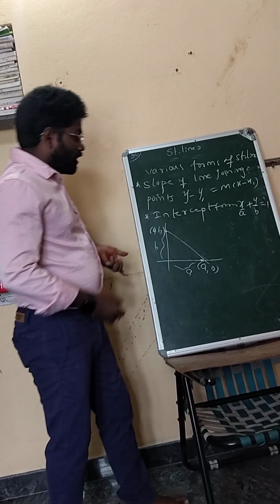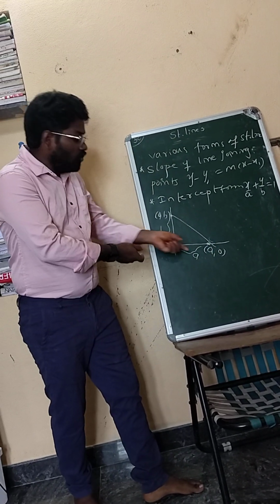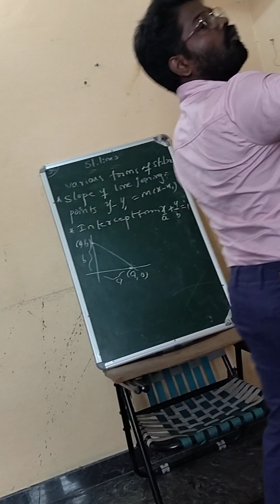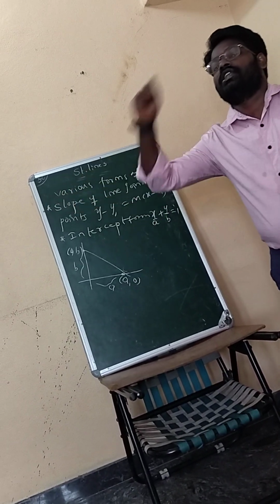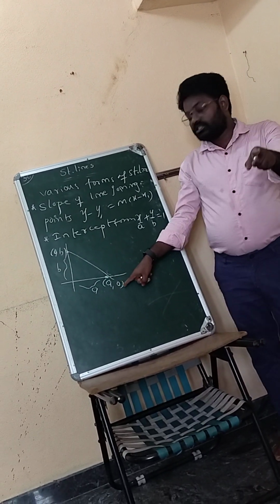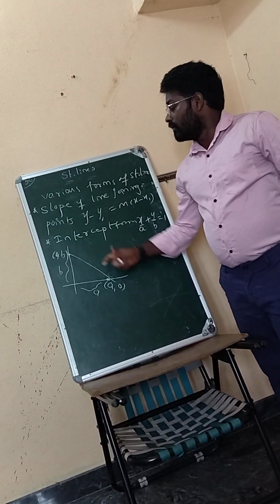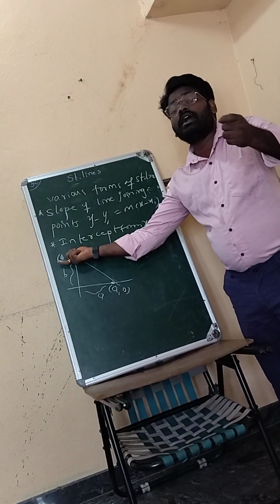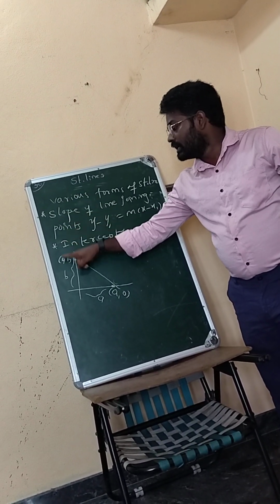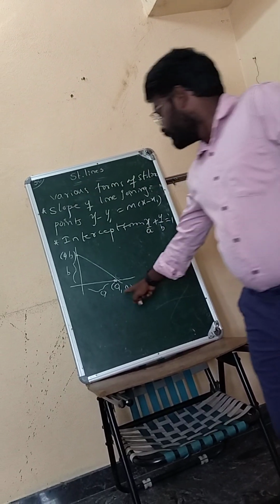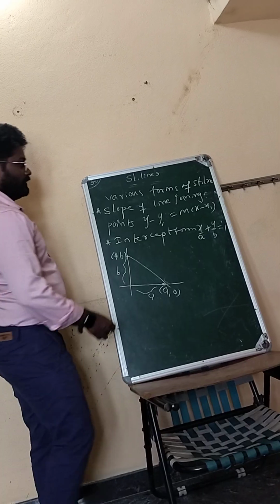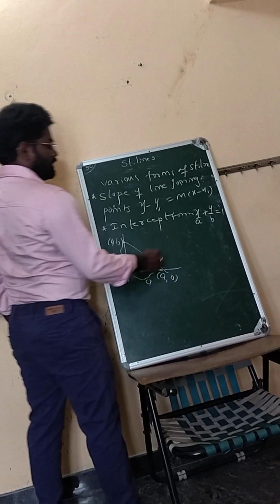Once you observe that one, point passes through only x-axis. At that time y should be equal to 0. Next, same. One point passes through y-axis. At that time x should be equal to 0. And point a comma 0 and 0 comma b.